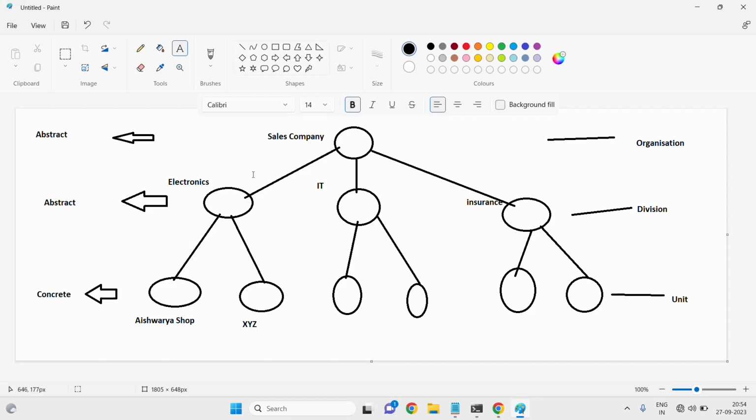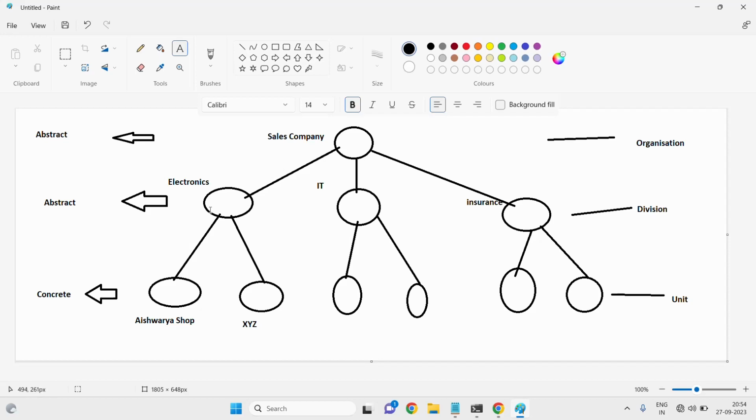Okay, and in the electronics division we have all the gadgets like processors, CPUs, all these things. And in the sales company there are so many things: the CEO of the sales company is there at organization level, and all the gadgets and goods are there at electronics level.